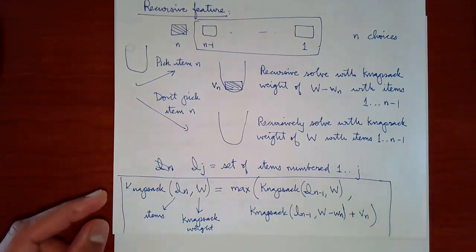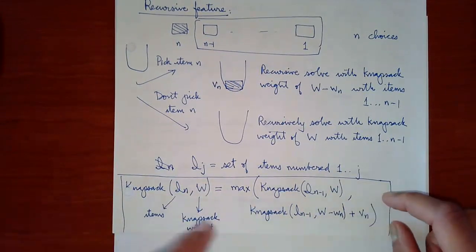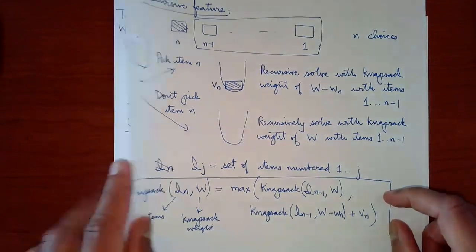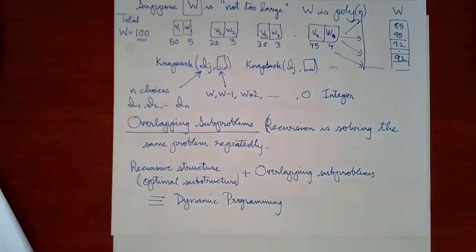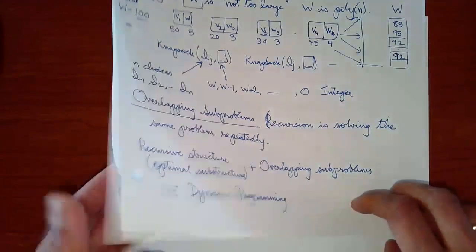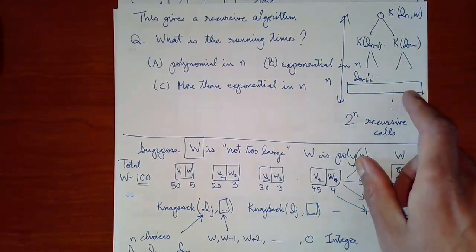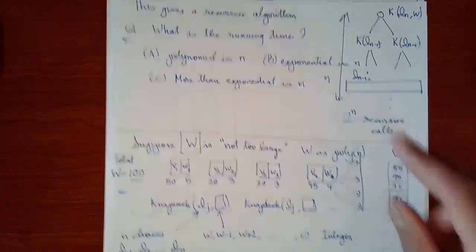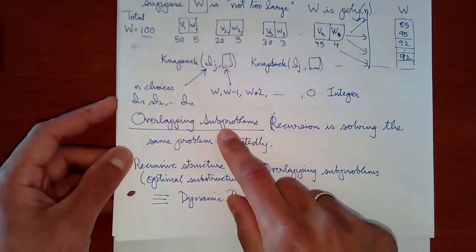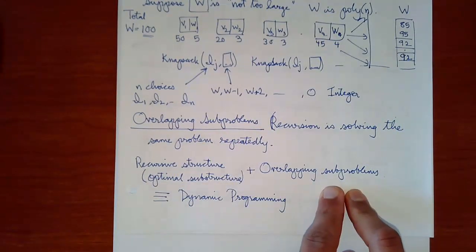Without such a recursive formula, you cannot really build the dynamic program. So you have to write this recursive formula down. When you have this recursive formula, you observe the overlapping subproblems feature, which is if you were to write out the recursion tree, many problems are actually the same in the recursion tree. And this gives the overlapping subproblems. So: recursive structure plus overlapping subproblems.